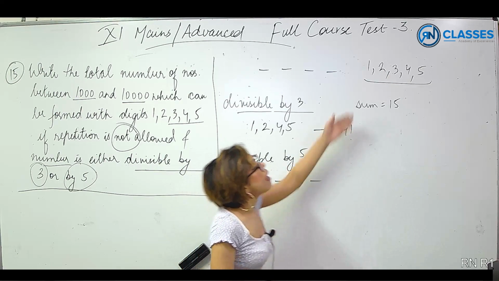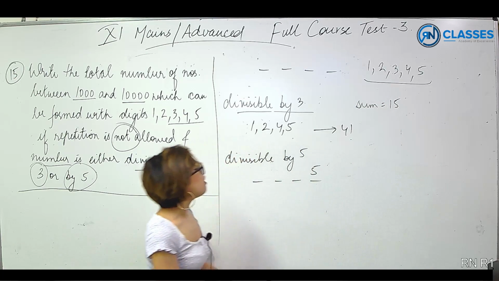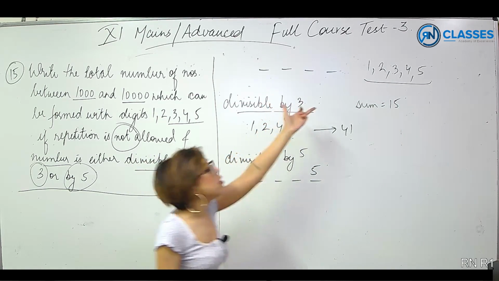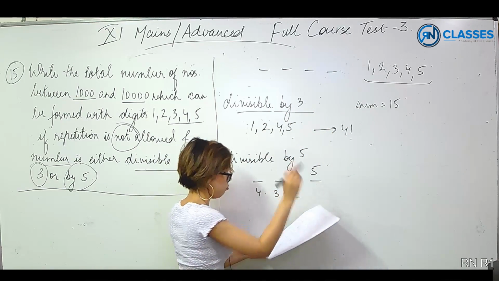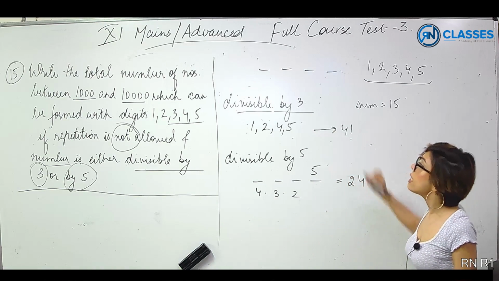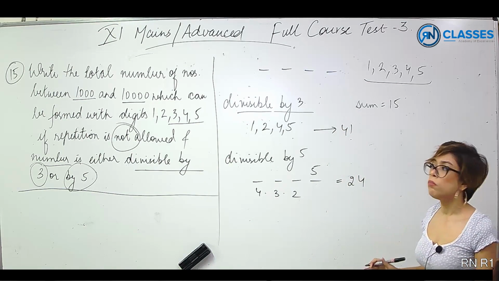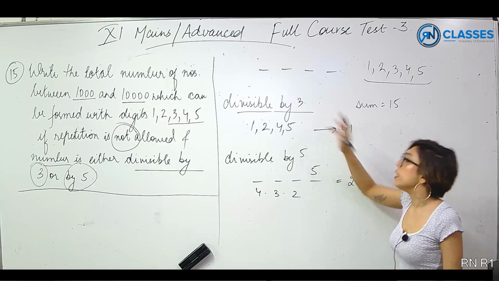But here I do not have the option of 0. So that means 5 has to come. Right? Remaining 3 I need to choose from here. So I can choose that in 4, 3, 2. Right? Again, this is 24. Now the thing is, some numbers will be overlapping. Numbers divisible by 3 and numbers divisible by 5 will come in the overlapping case.